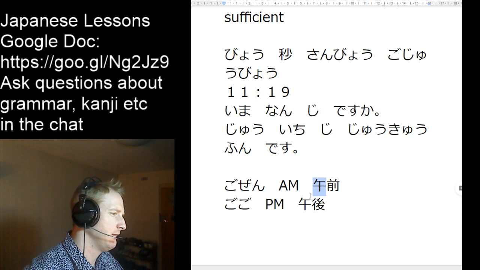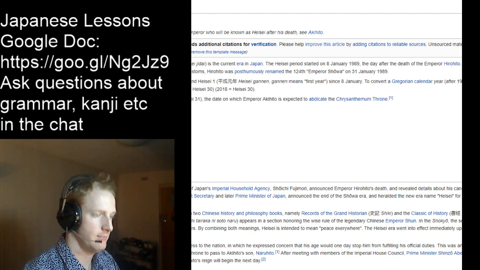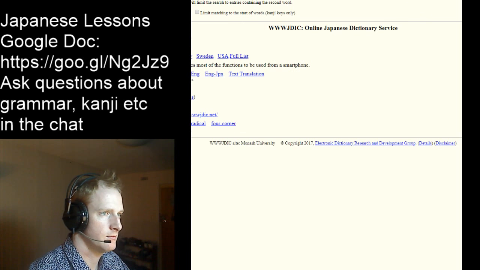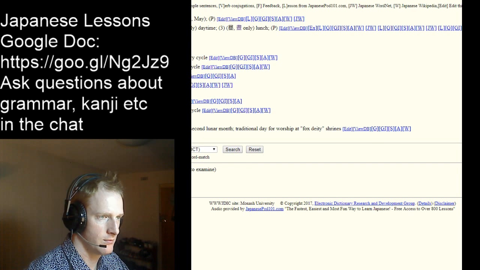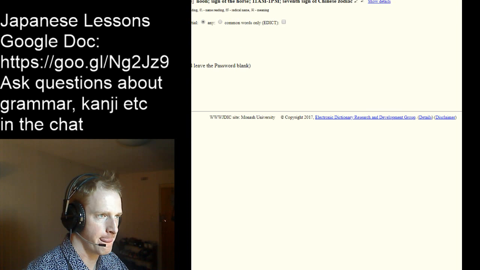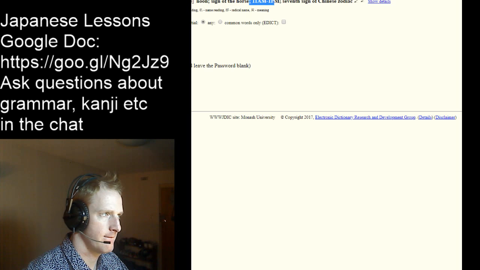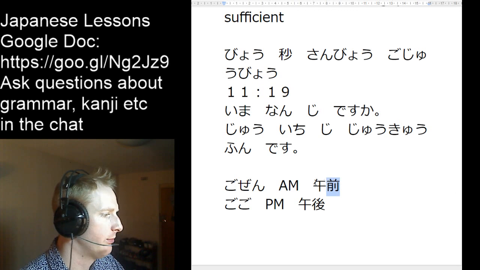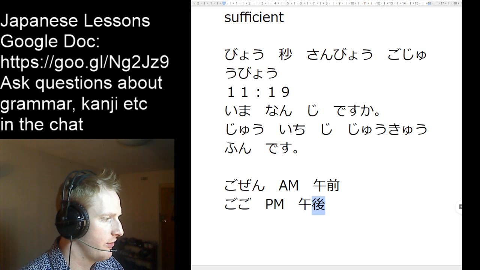I think it actually might mean noon as well, but I'm pretty sure it means midday. Let's have a look. Yeah, noon. But anyway, basically midday. But this kanji means before, so before noon, AM. This kanji means after or later, so after noon.